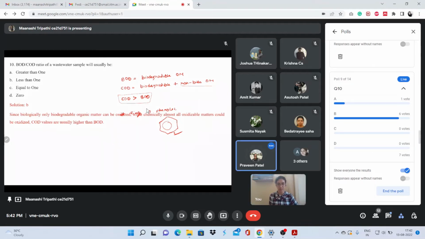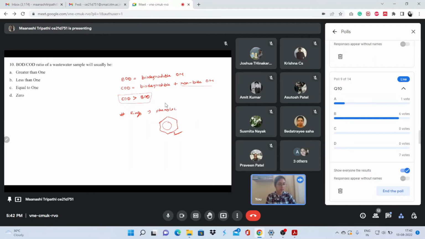Could you please elaborate again, ma'am, about this phenolic compound thing? Yes. So how do we do the COD test? We take the organic material, we acidify it and we increase the temperature. For 2 hours, we put H2SO4, that is sulfuric acid, to digest the sample at very high temperature and in very acidic condition.